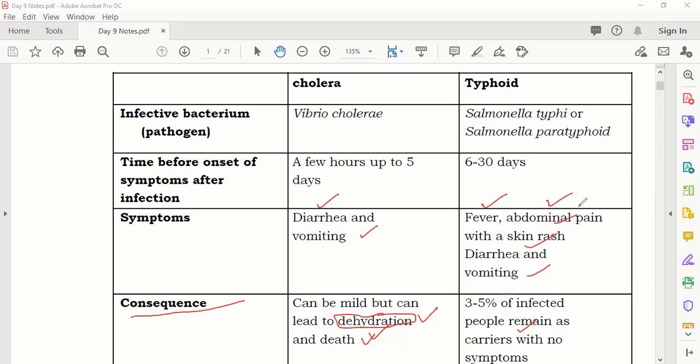For example, when COVID started, they divided people into categories. Some had a fever or other symptoms, and some didn't have any symptoms, and they were just carriers, meaning they just transfer that disease to other people, but they themselves are not affected. That is the carrier. So here they're saying that 3 to 5% of infected people remain carriers with no symptoms.